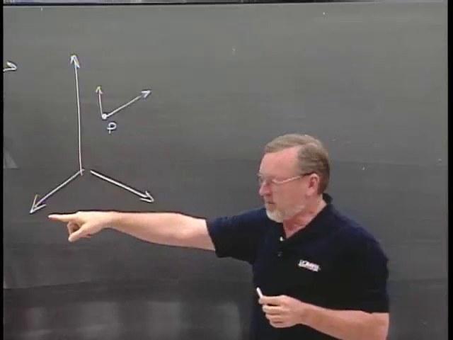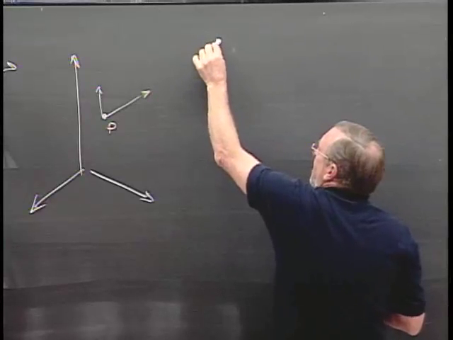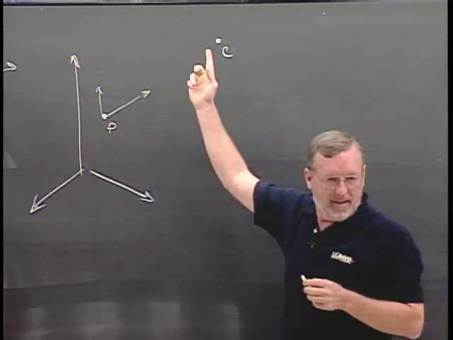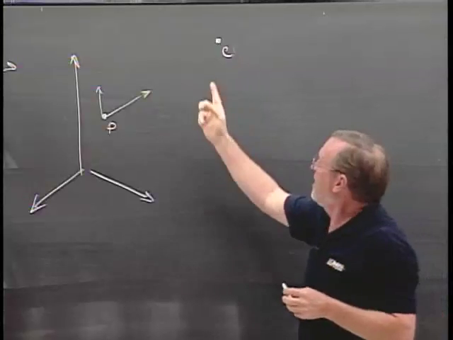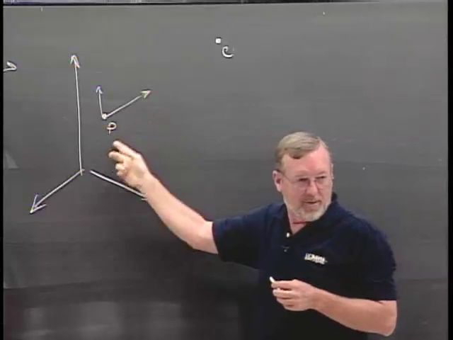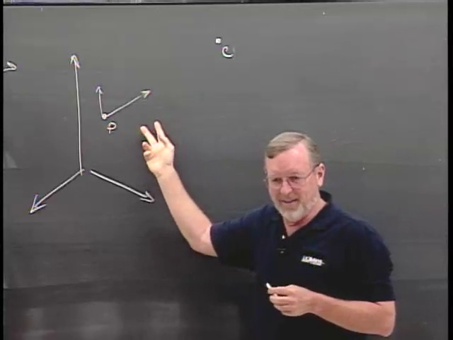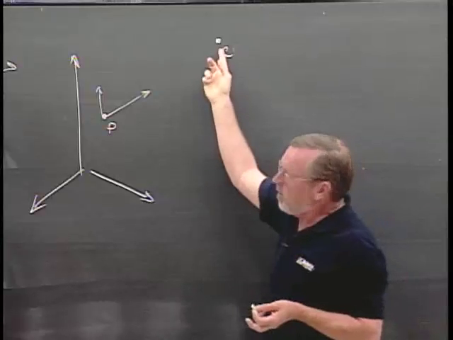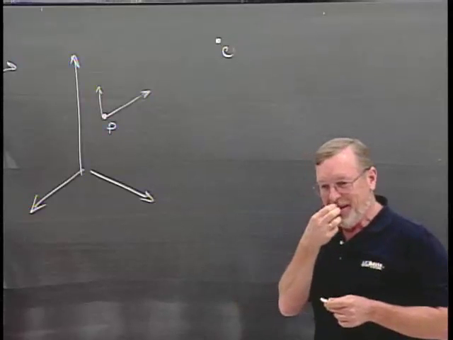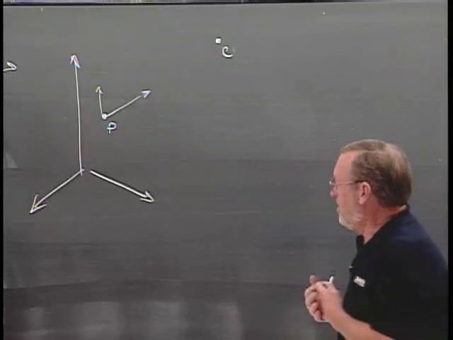It's kind of a trivial thing. We use the center of attention. We give a point in our scene out here, which is the center of attention, and then the viewing direction is easy to calculate. It's just this point minus this point, and then we get a vector that points in that direction. If you want to make it a unit vector, that gives us our viewing direction. Most people use the center of attention because it's easier to think about than trying to specify a vector, and all you do is subtract these two to get the vector. So some of the routines you'll see have a center of attention in them.